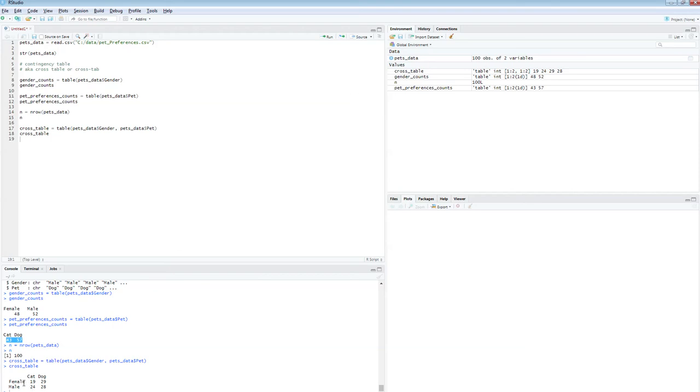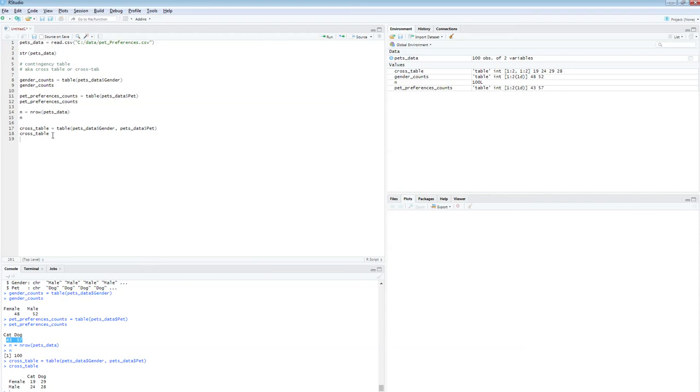So this is called a cross tab. This is the tabular summary that represents simultaneously the distribution of two categorical variables. In this case, two nominal variables: cats, dogs, that's pet preference, versus gender, male, female.